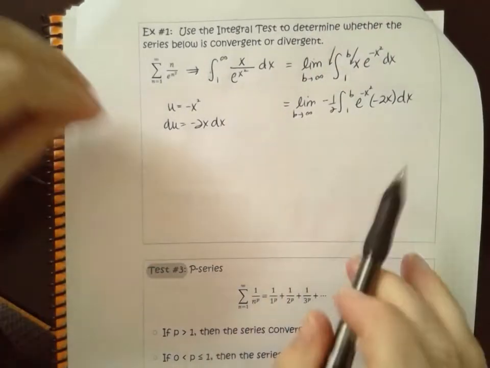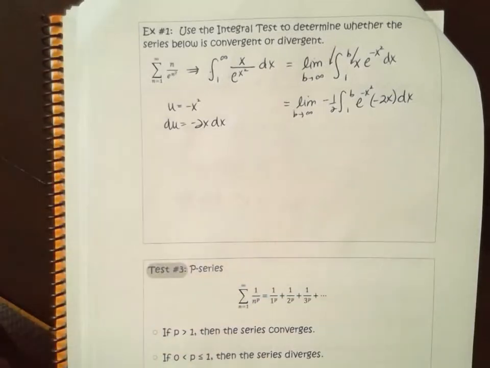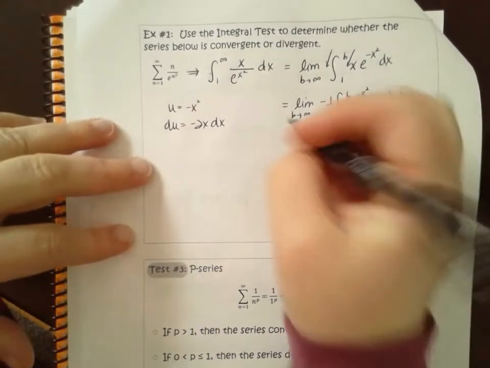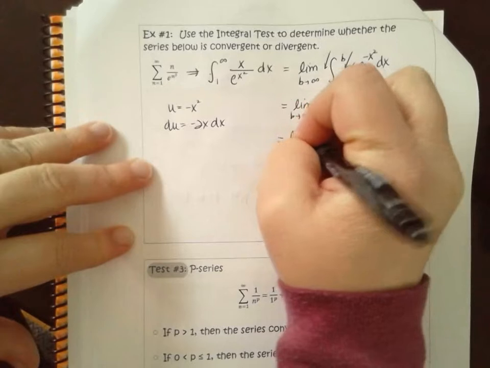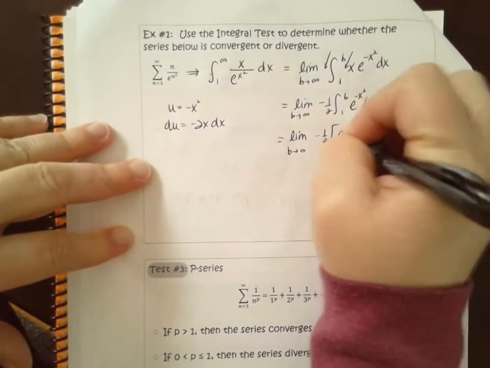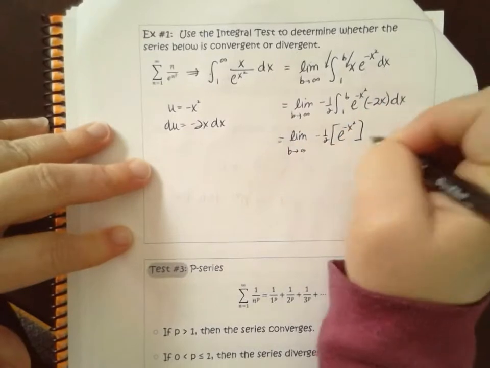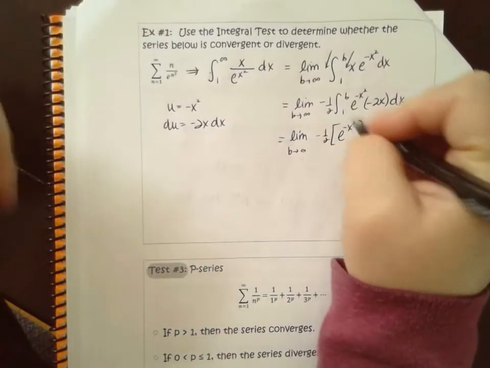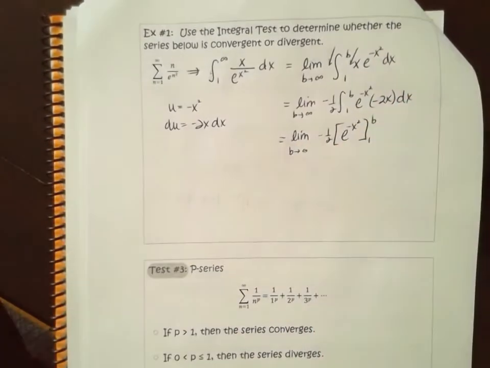I'm not going to actually write the u's and the du's. I'm just going to know that it's already e to the u du, and I'm going to integrate that as e to the u plus c, except it's not plus c because it was a definite integral.